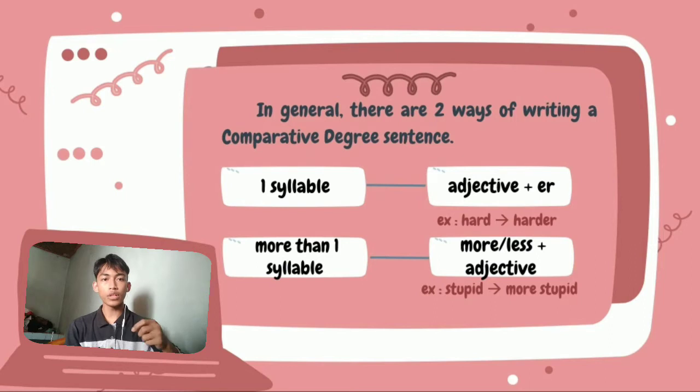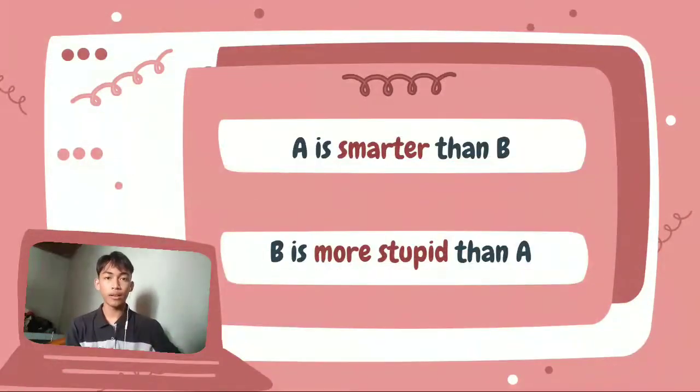This word must be added with the word more in front of it if it refers to a word that is at a higher level, and the word less if it refers to a word that is at a lower level. So example, A is smarter than B.